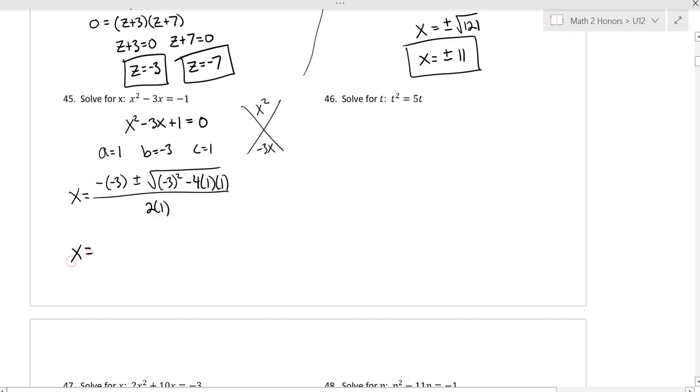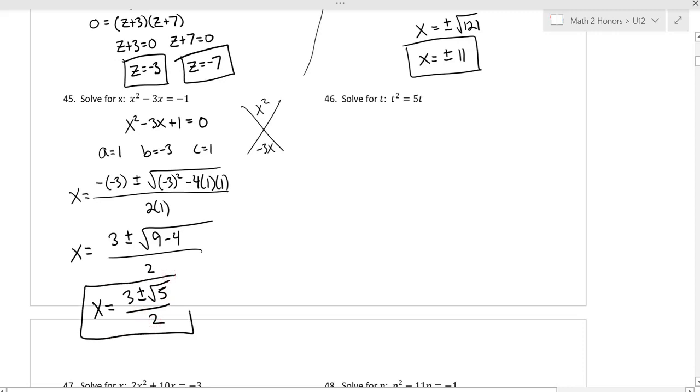So we have 3 plus or minus the square root of 9 minus 4 over 2. Keep going. 3 plus or minus the square root of 5 over 2. And there's nothing more we can do to that. Those are our two answers. 3 plus square root of 5 over 2 and 3 minus square root of 5 over 2.